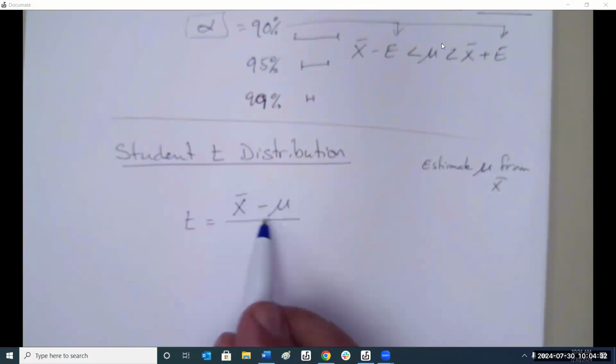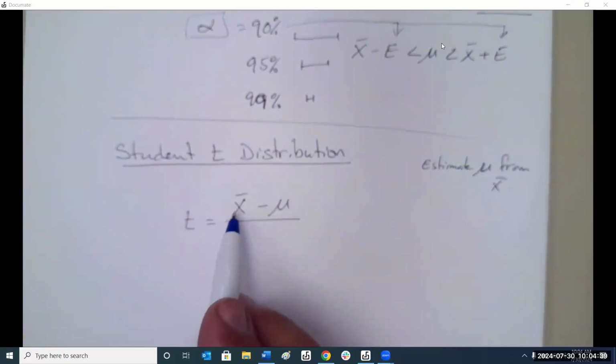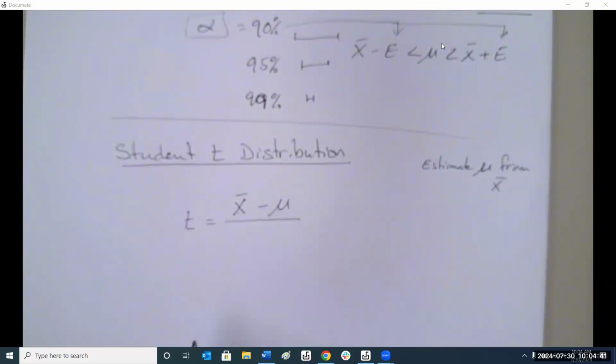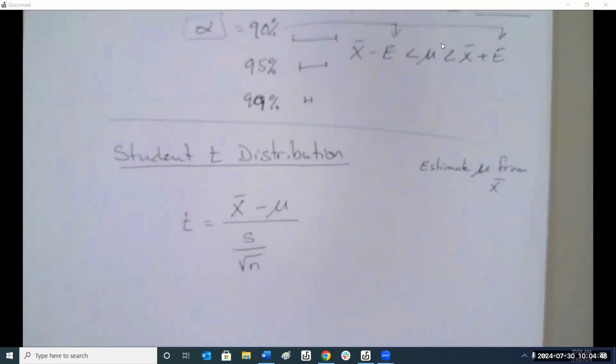This kind of looks like the beginning of the standard deviation, x bar minus, or x minus x bar. This is the smaller one, this is the more accurate one, over the ratio of our standard deviation.